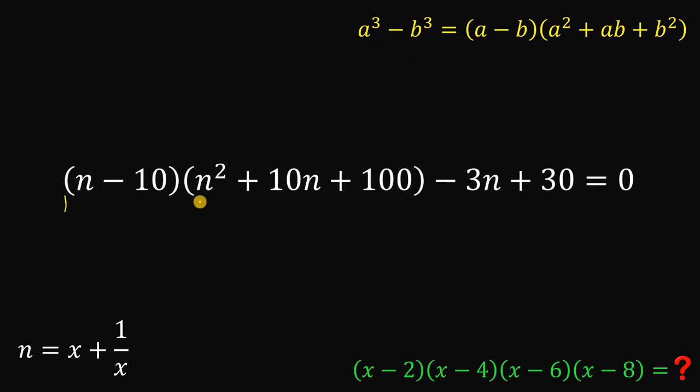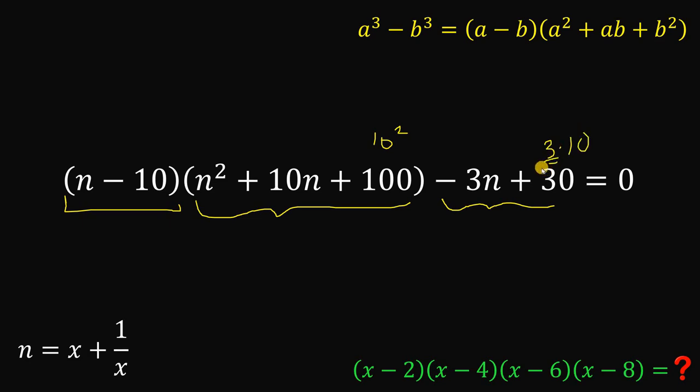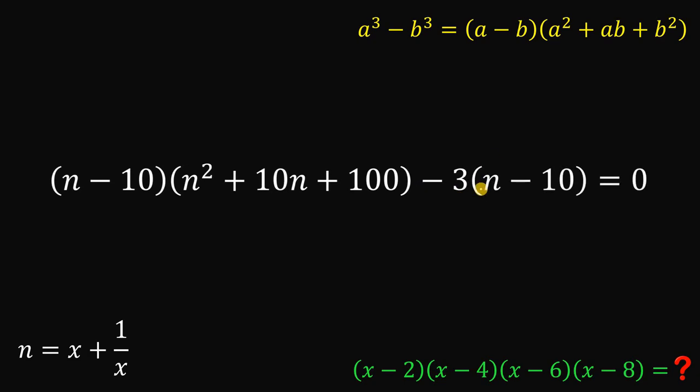We have (n minus 10) multiplied by (n squared plus 10n plus 100, or 10 squared). Alright. Now, how about negative 3n plus 30? Because 30 is 3 times 10, we can factor out this 3. And if we do that, we get negative 3 multiplied by (n minus 10).